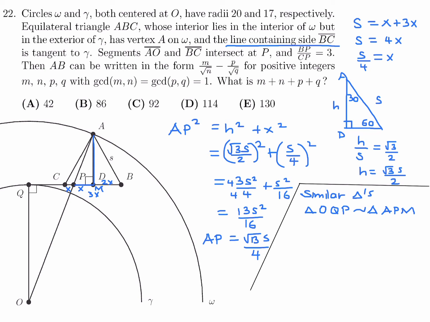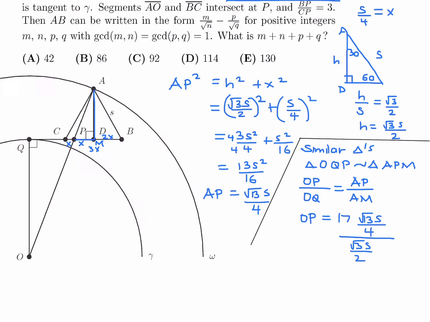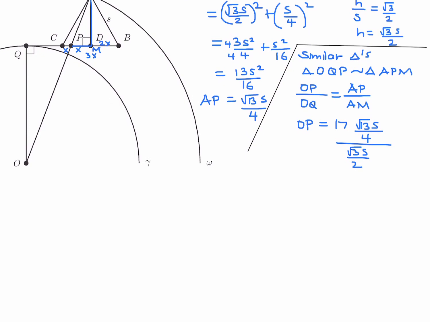That means OP over OQ is the same as AP over AM. So OP is equal to 17 times AP, which we calculated as root 13s over 4, all over AM, and AM is the height, root 3s over 2. All right, so let's move this up a bit.